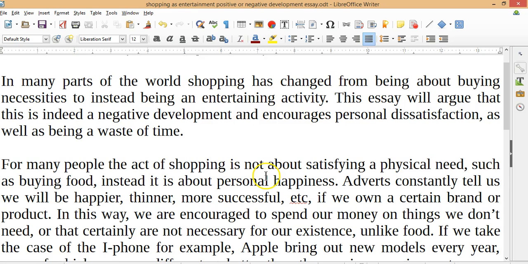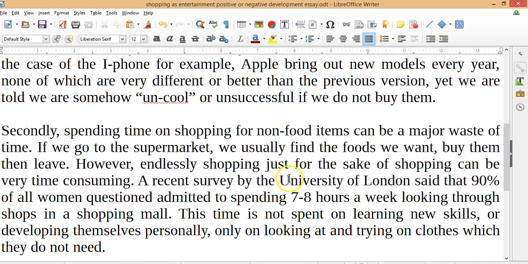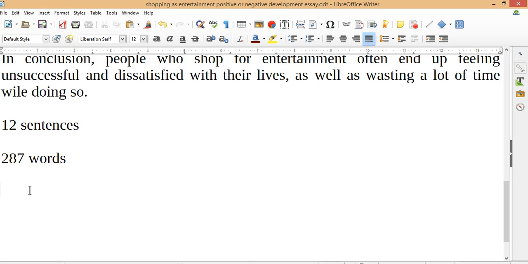For paragraphs, got 2 sentences, 2, 3, 4, 5, 6 sentences, 7, 8, 9, 10, 11, 12 sentences. Oops, 12 sentences. What did I say? 287 words. 4 paragraphs, you know, so that's all you basically need. Keep it simple, keep it short.